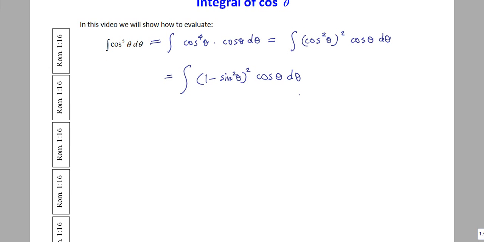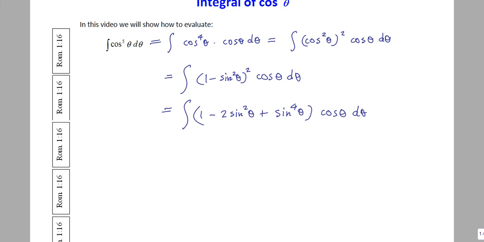Okay, so we get the integral of 1 times 1 is 1. 1 times minus sine squared theta is minus sine squared theta, and I've got 2 of those, so minus 2 sine squared theta, and then minus sine squared theta times minus sine squared theta is a plus sine to the fourth power theta, and this is times cos of theta d theta.